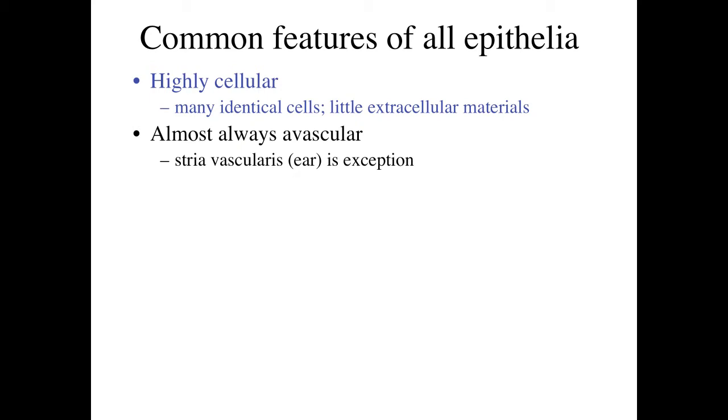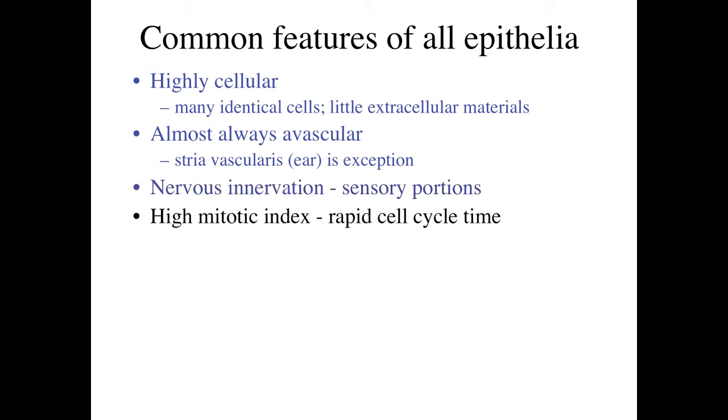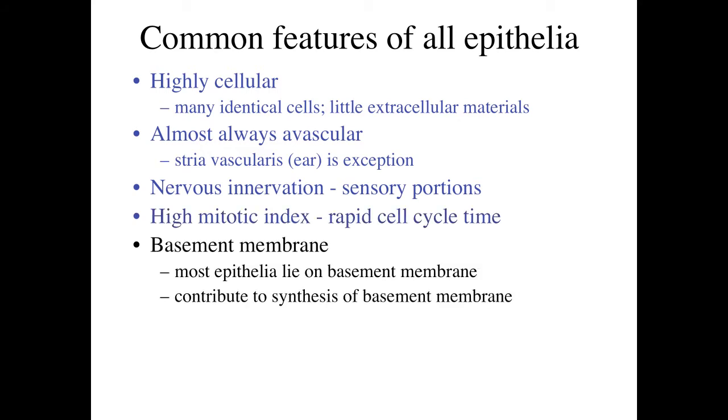Now, there are a couple of exceptions to this, notably the stria vascularis in the inner ear, and we will talk about this epithelium much later in the course. Epithelium may have a nervous innervation, so there'll be sensory portions to epithelium. Epithelia divide fairly rapidly, so they have a high mitotic index, reflecting a fairly rapid cell cycle time.